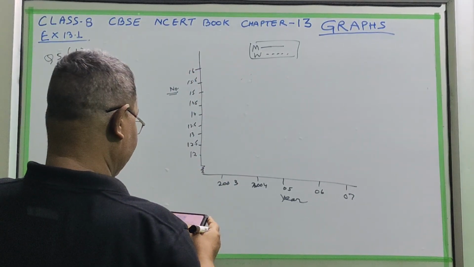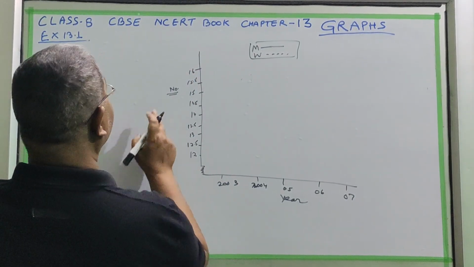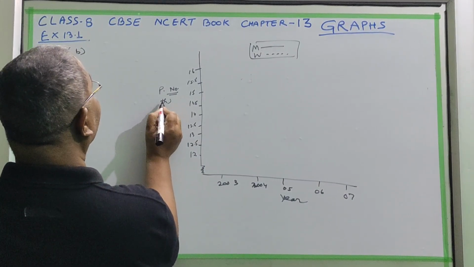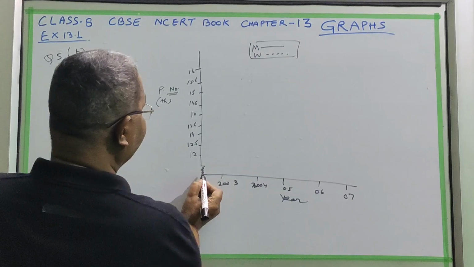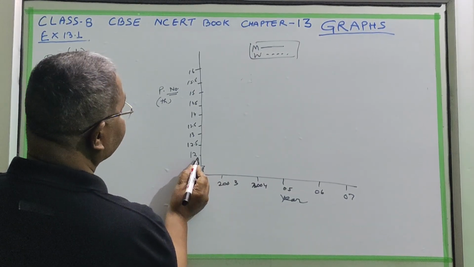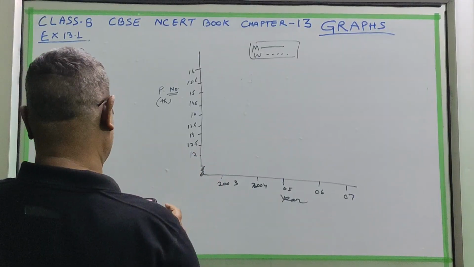Here man and woman you have to give population, number of population, in thousands. So in 1000 we have taken. It means after 0, we have directly started from 12.